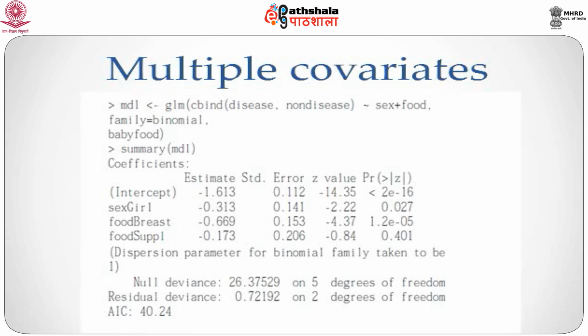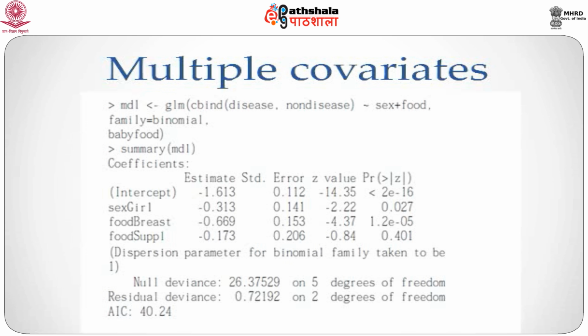In the chunk of code given on this slide, we have again used the GLM function to fit a multiple logistic regression model, and note that the syntax for this is no more complicated than it was for the case when we have a single covariate.